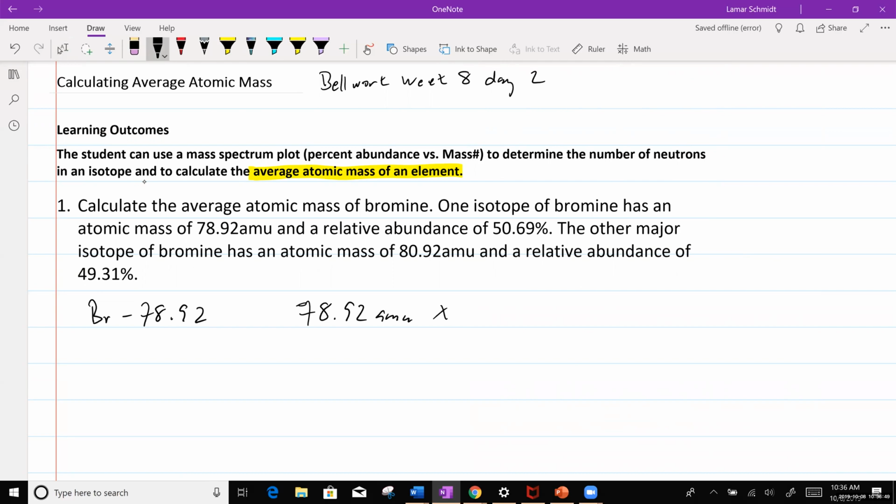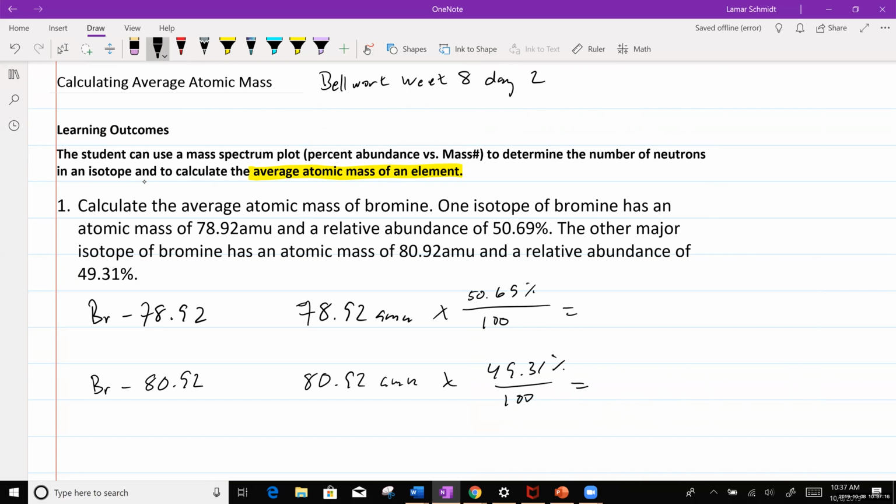So in order to get this percentage expressed as a decimal, you simply divide by 100. All right, and then you're going to do the same thing for the next isotope of bromine, bromine 80.92. And so you have 80.92 AMU times 49.31% divided by 100.